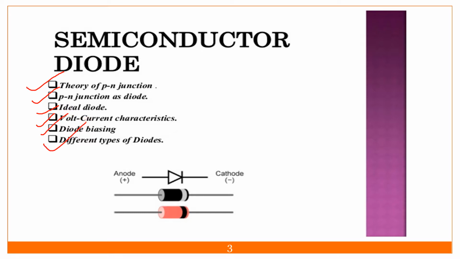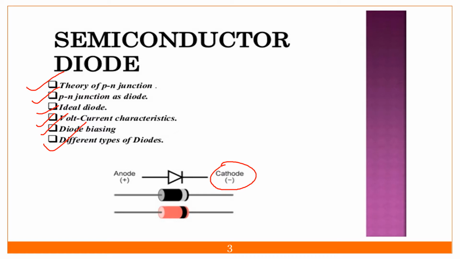If we are talking about the diode, the symbol of a diode is like this: a triangle followed by one line. Wherever there is a vertical line, that is nothing but my cathode, the negative terminal of the diode. The actual device looks like this: you will find a silver strip on the black cylindrical body. Wherever there is silver, you have to note that it must be the cathode terminal.